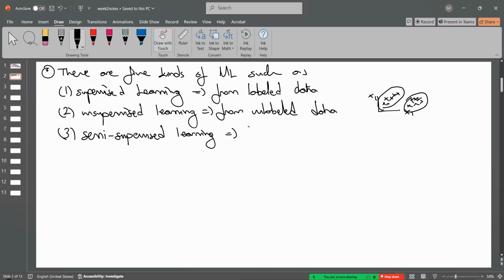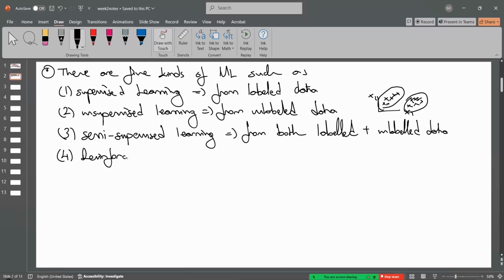And also, we can learn the data distribution as semi-supervised, from both labeled and unlabeled data. Okay? And we have another learning method, which we call reinforcement learning. In ML problems, we can learn from data using agent-based reward maximization.